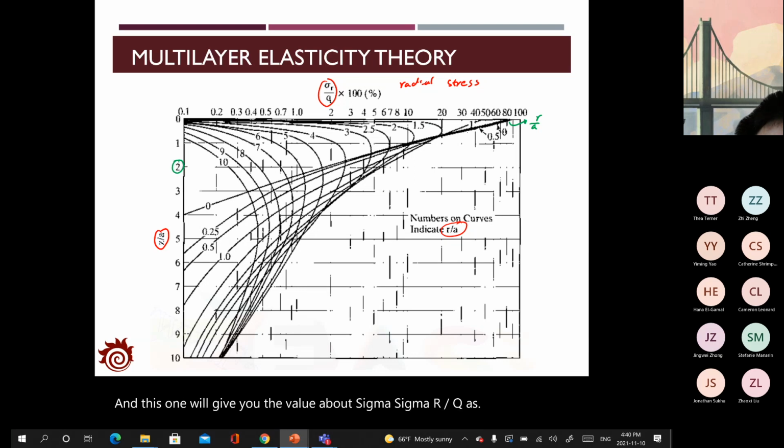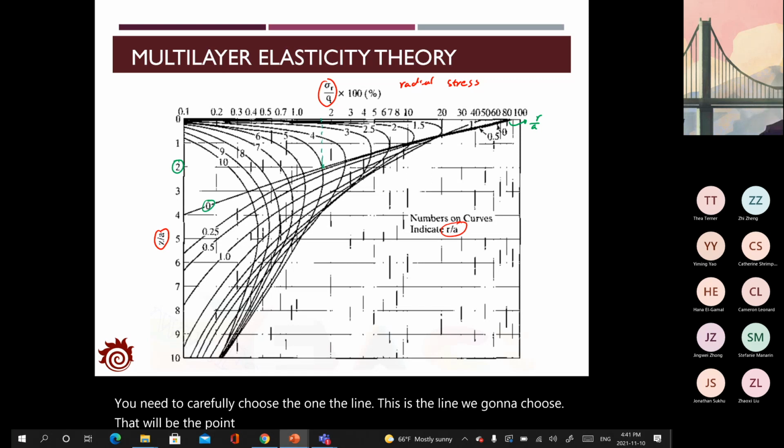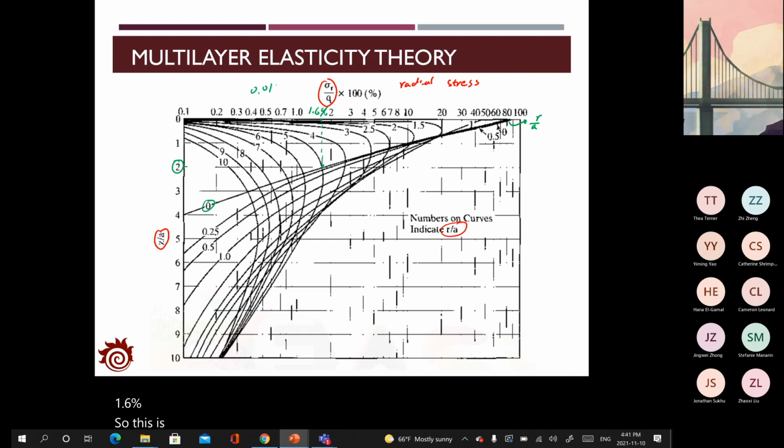You need to carefully choose the line. This is the line we're going to choose, and that will be the point. So the value is around 1.6%, which is 0.016 for sigma r over q.